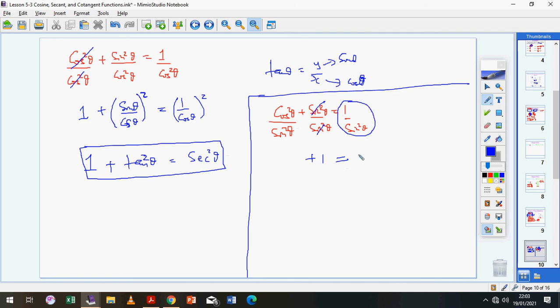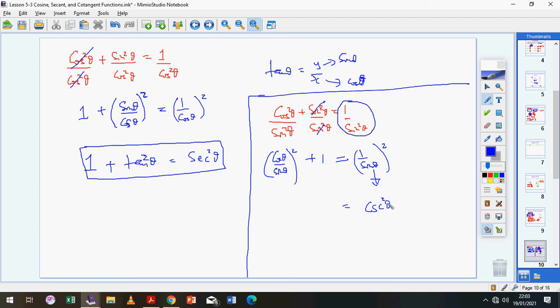And over here I have cos theta divided by sine theta squared. So let me start with this on the right. 1 divided by sine is the same as cosecant. That's an easy one, cosecant theta squared.